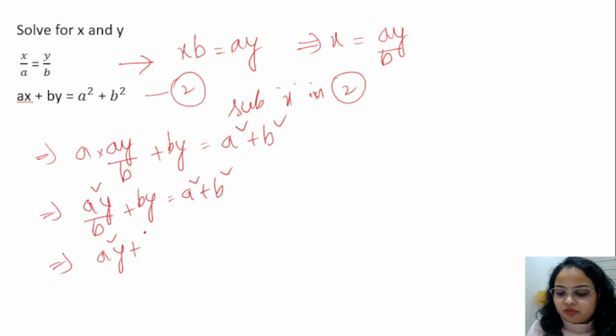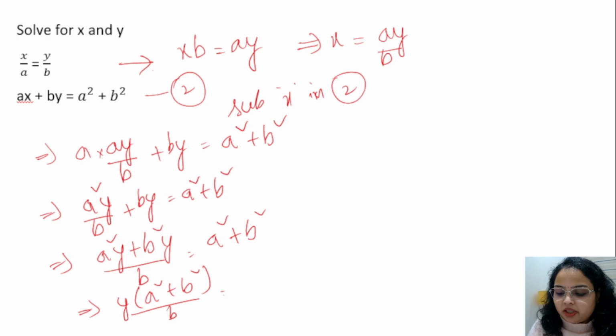It is a square y plus b square y divided by b is equal to a square plus b square. Now here we'll take y common. We'll get a square plus b square divided by b is equal to a square plus b square. These two terms will be cancelled, a square plus b square. So here we'll get y is equal to b.